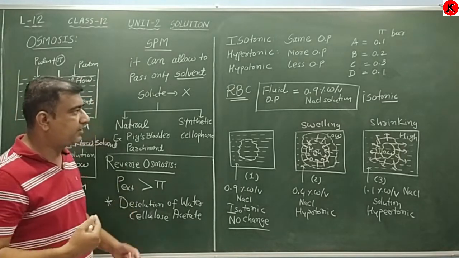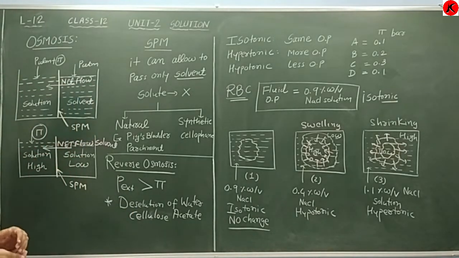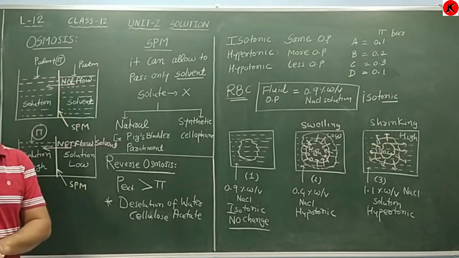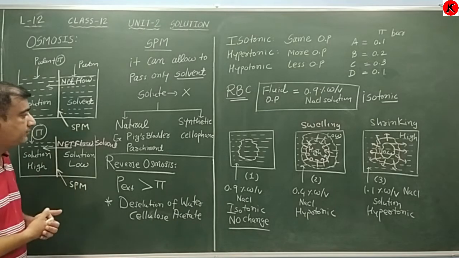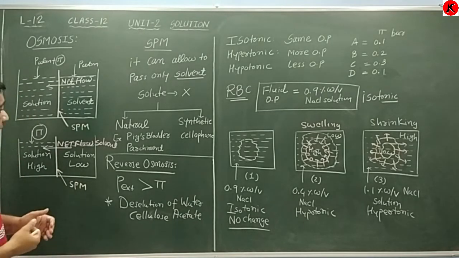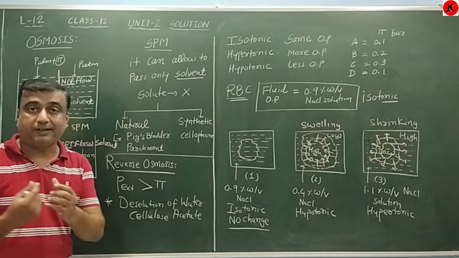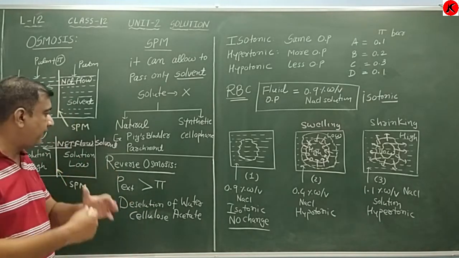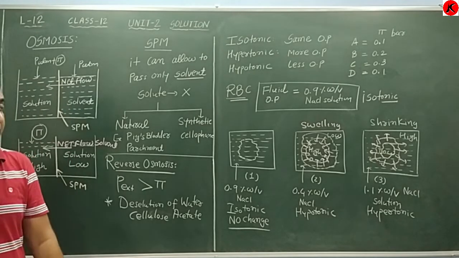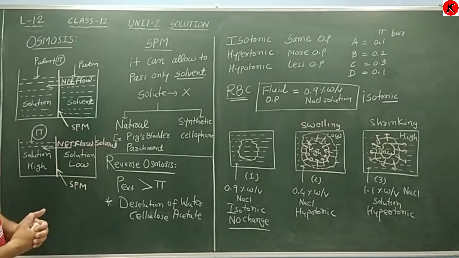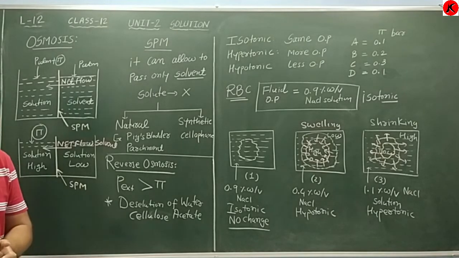In various countries they use desalination plants to satisfy their drinking water needs, and when the demand for drinking water is more, we have to apply the principle of reverse osmosis. So this is the discussion of osmosis and reverse osmosis.